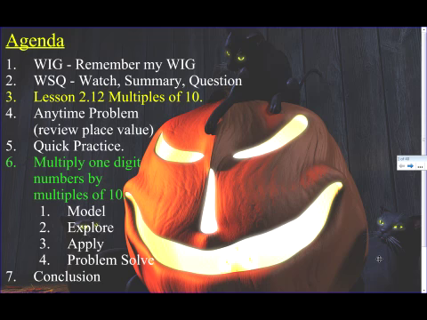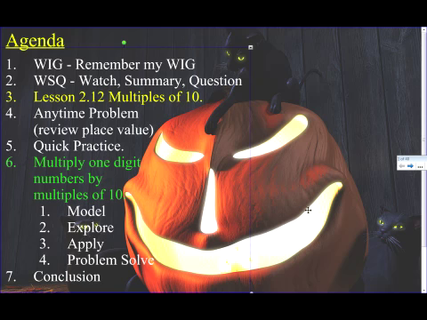Here's today's agenda. This is lesson 2.12, multiples of 10. Today's agenda, we will be looking at Mr. Fisher's wig. We'll go over how to do the WSQ, the watch summary question. We'll do some math problems. Remind you to do some quick practice right here.